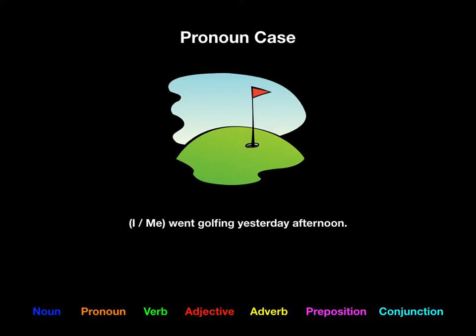When we are examining this sentence, it's fairly easy to identify that we need the pronoun I. Instead of me went golfing this afternoon, we would say I went golfing this afternoon. While this example is relatively easy to identify the correct pronoun case, other sentences are more difficult. Let's take a look at the following example.